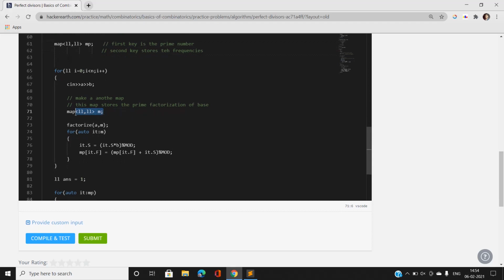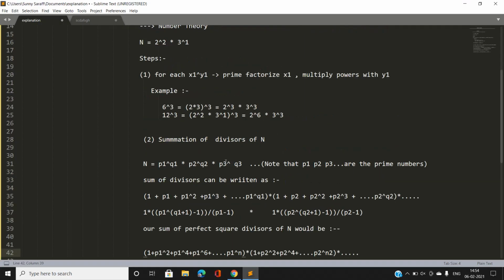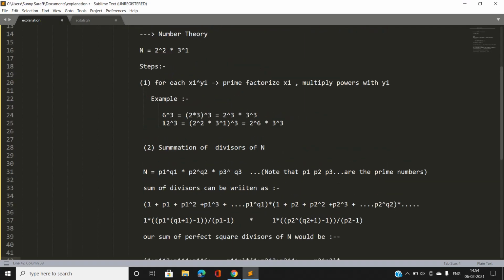So what I'm going to do is iterate in my current map, that is for xi power yi, x1 power y1, let's say. So I'm going to modify my actual map. How I'm going to modify my actual map? Note that suppose here you can see, for 12 power 3 I have got 2 square and 3 power 1. So for 2 square, our new power is going to be multiplied by the y1 value.